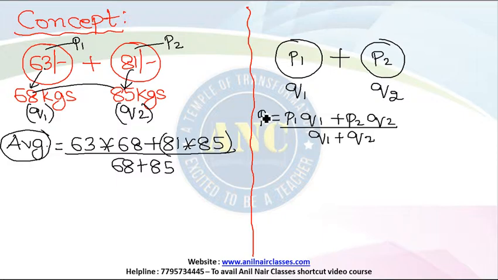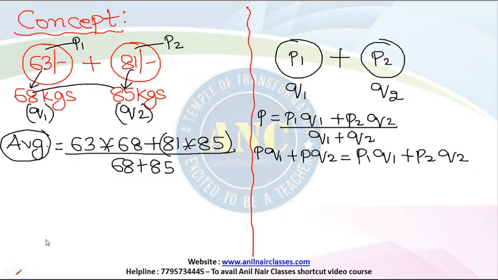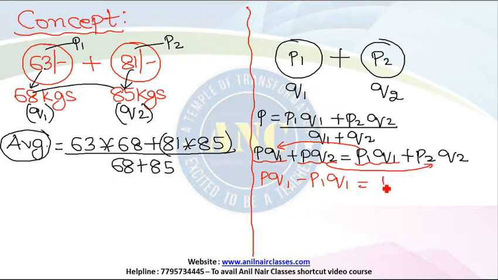If I cross multiply, the left hand side is P into Q1 plus Q2, that is PQ1 plus PQ2, and the right hand side is P1 Q1 plus P2 Q2. Taking PQ1 to the left hand side and shifting the P1 Q1 term to the right hand side, PQ1 minus P1 Q1 equals P2 Q2 minus PQ2.